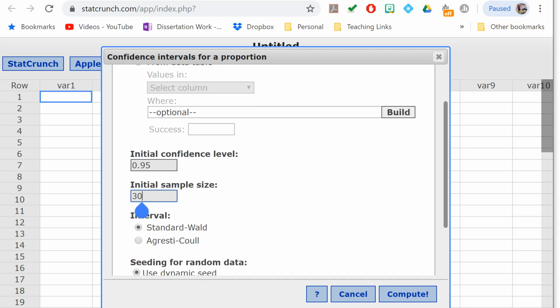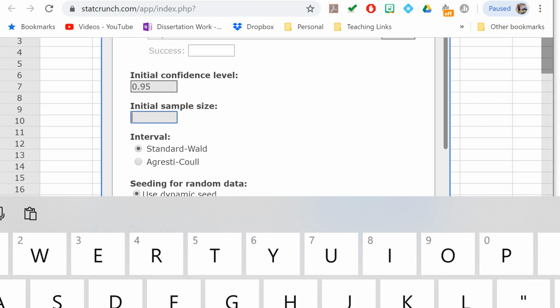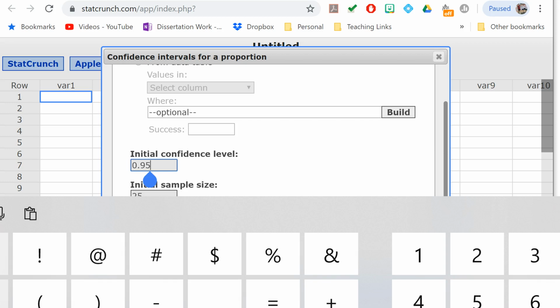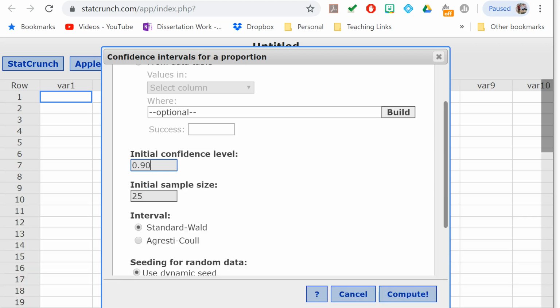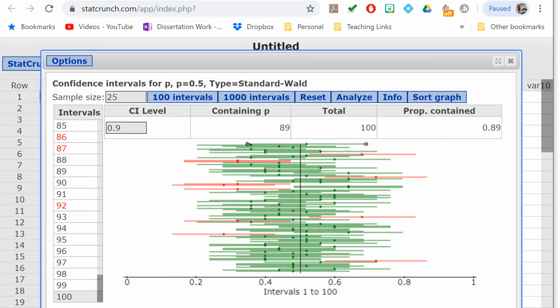And we made sure our sample size, we didn't end up using 30, we used 25, right? I'm pretty sure we did 25. And then let's make our confidence level 90. If I were to do this, StatCrunch can go out and do exactly what you guys are doing, except it does it for 100 things, whereas we only had 26 because that's how many people were in class on Friday.